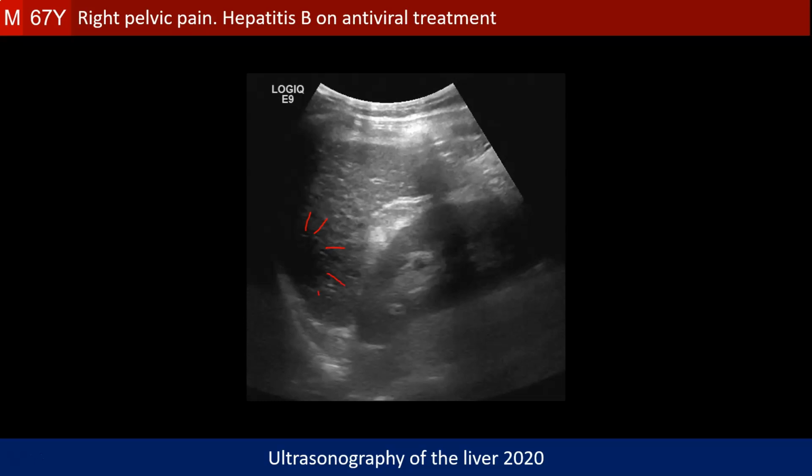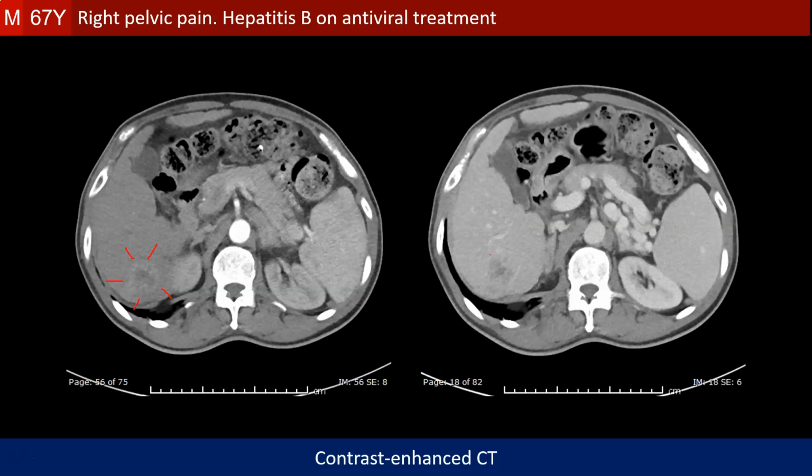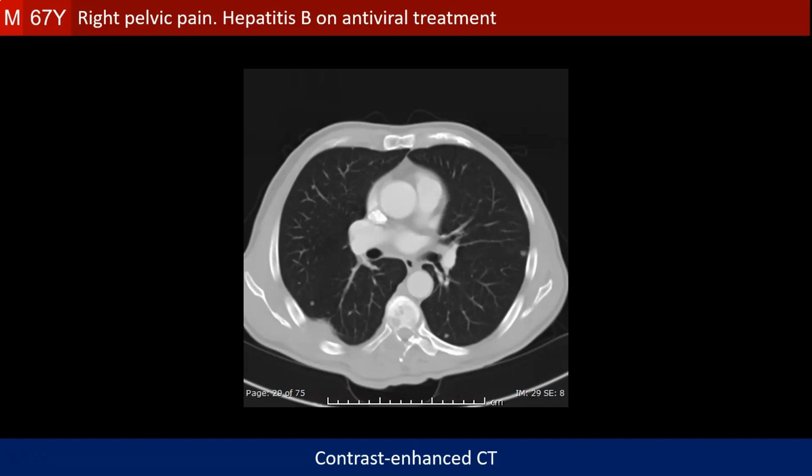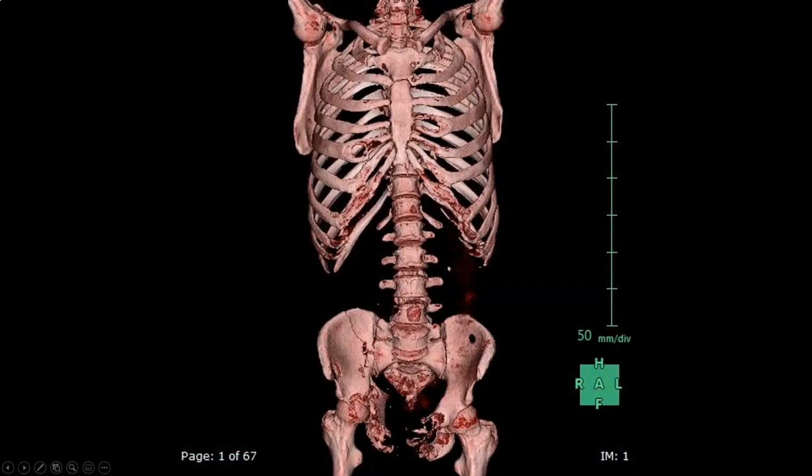it has been missed because of the poor quality, but proved by CT and proved by biopsy of the vertebral lesions. There have been rib metastases and lung metastases as well. This is three-dimensional representation of the skeleton showing the metastasis and the fracture of the iliac blade.